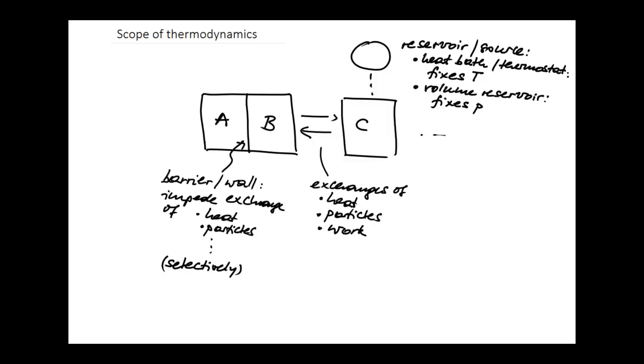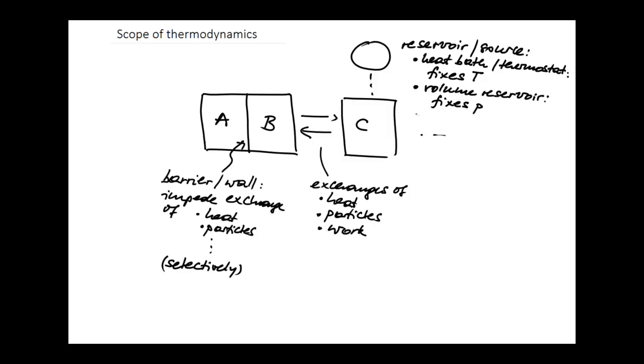The interaction between the two systems will establish an equilibrium. Equilibrium is characterized by equal values for the intensive variables. Pressure is one such variable, and so system C will acquire the same pressure as the volume reservoir.